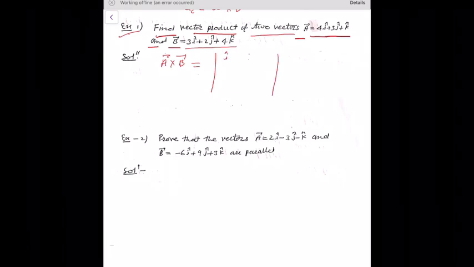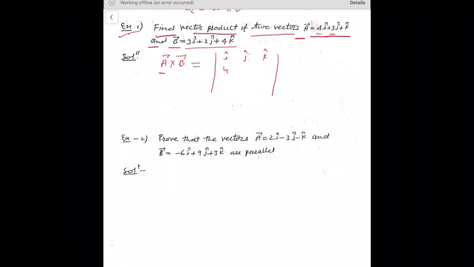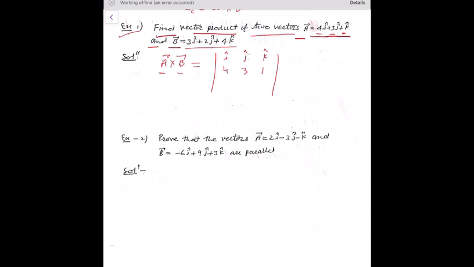First you write I cap, j cap and k cap. Then write A vector: Ax is 4, Ay is 3 and Az is 1. And next B vector: Bx is 3, By is 2 and Bz is 4.